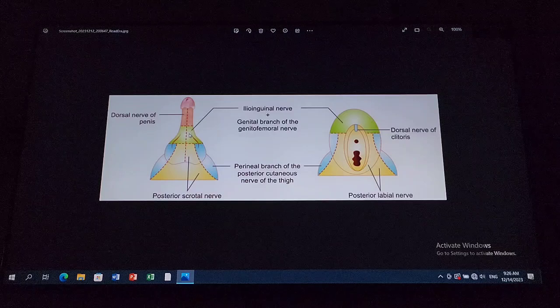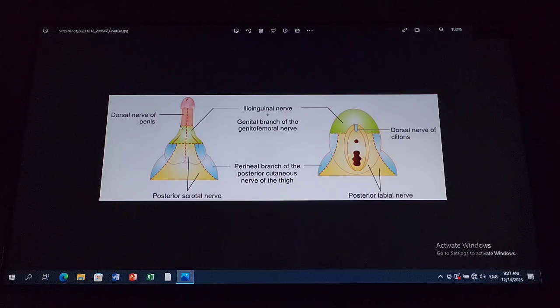The root of the penis and the anterior wall of the scrotum are supplied by the ilioinguinal and the genital branch of the genitofemoral nerve. The posterior surface and the remainder are mainly supplied by the posterior scrotal nerve, which is a branch of the perineal nerve, and also by a contribution from the perineal branch of the posterior cutaneous nerve of the thigh. فبالتالي هسه صارت عندنا 3 regions in the perineum: regarding the external genitalia, they have 3 different sensory innervations.